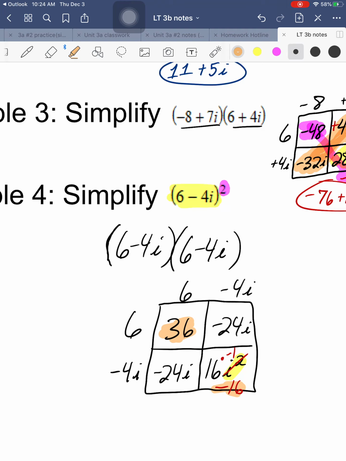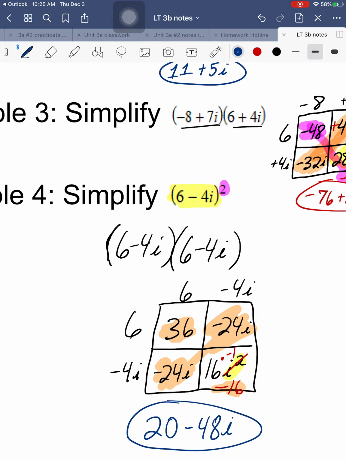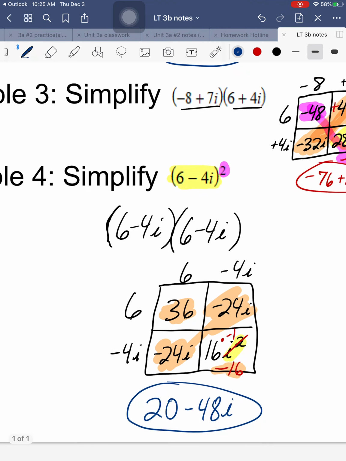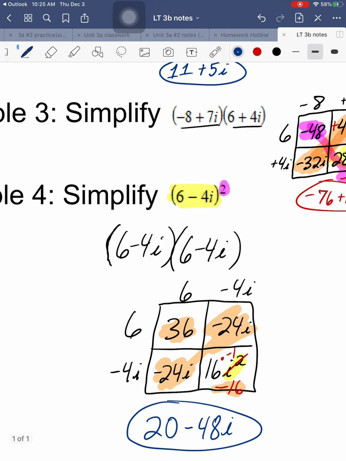Add those together, or 36 minus 16, that's 20. And then we also have negative 24i minus 24i. That's minus 48i. You're just counting how many i's you have, and then there you go. That's your complex number. All right, come to class with any questions.